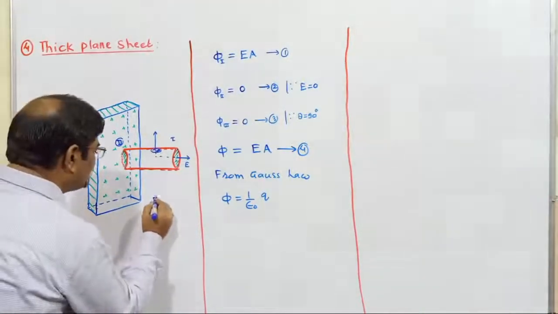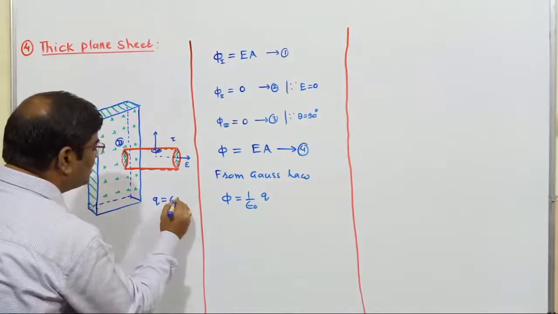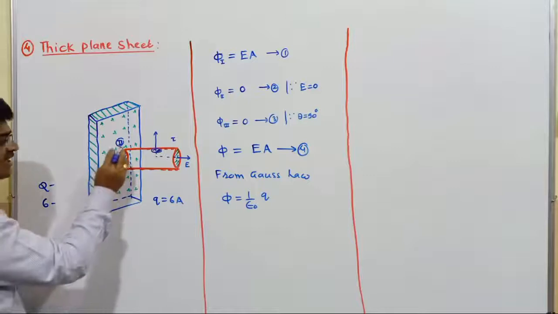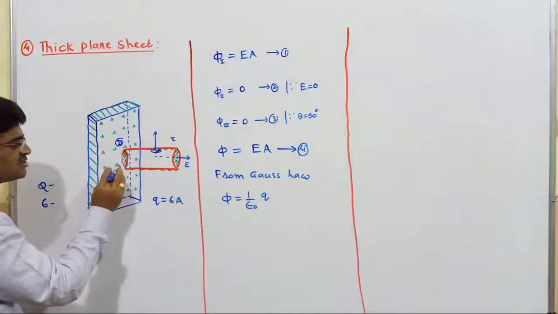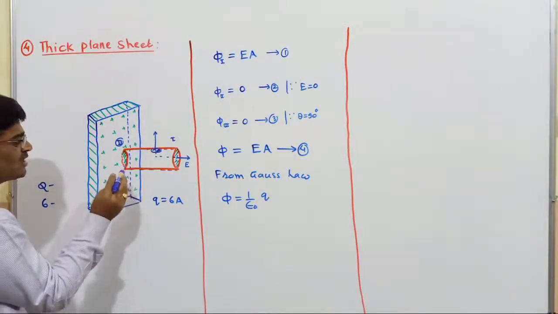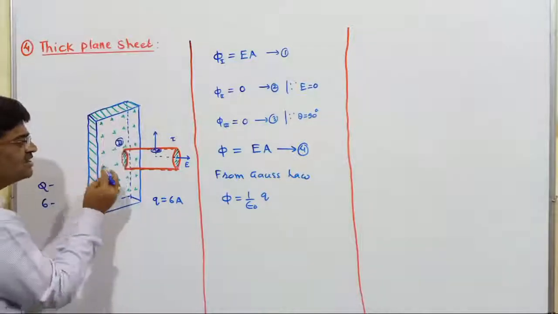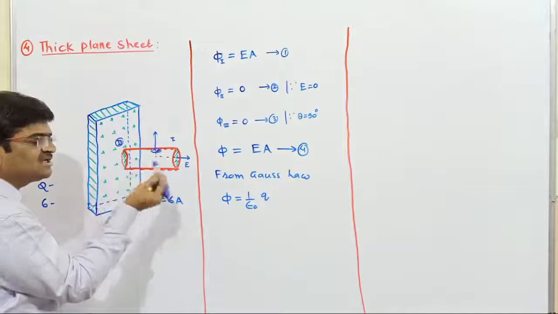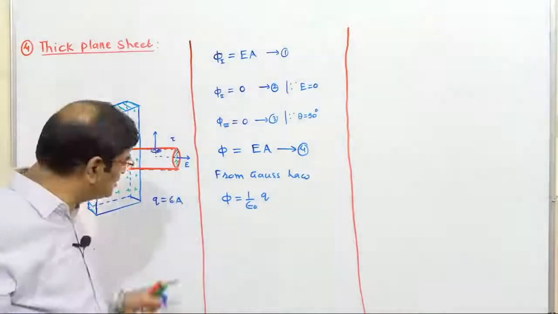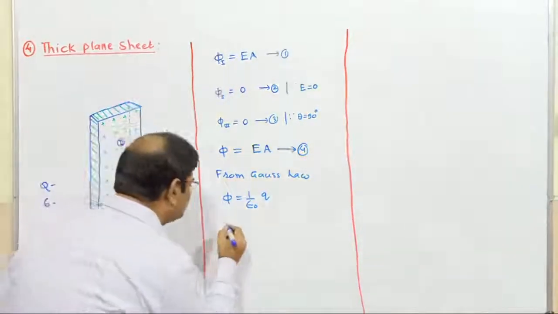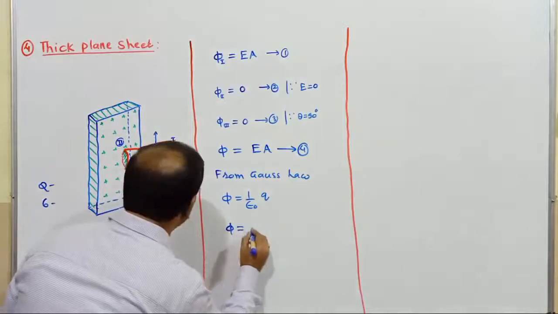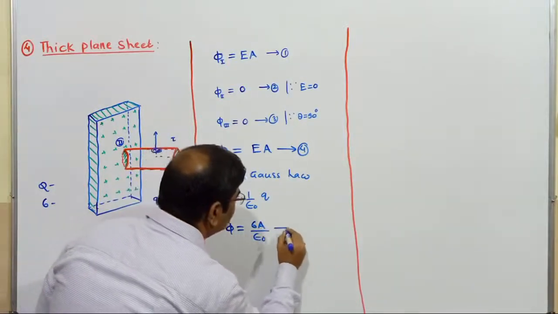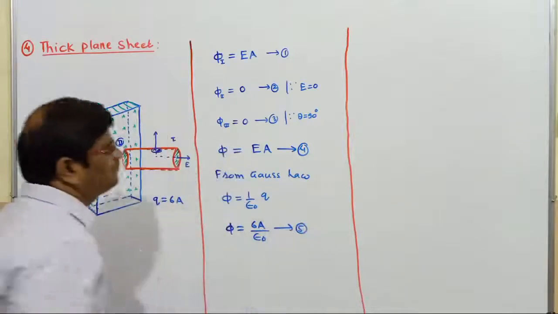So charge enclosed I can work out: sigma into A. Sigma is the density, A is this area. How much charge is enclosed? Equal to whatever portion of the sheet is inside the cylinder, equal to the cross sectional area. So I can substitute that: phi equal to sigma A divided by epsilon naught. This is my equation number 5.